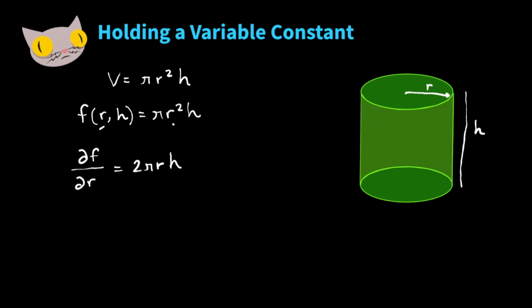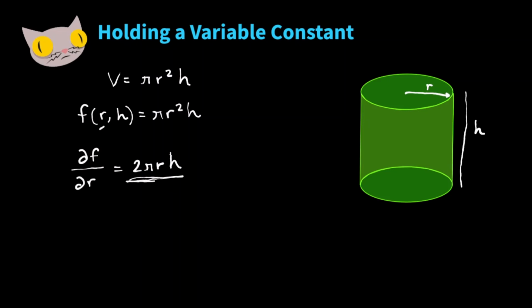You see, we just took the derivative of the r variable and we left the h alone. Now the h didn't go to 0 because this whole thing is a product. If it were, say, pi r squared plus h, then it would go to 0. But here, h was just brought down. Nothing changed.